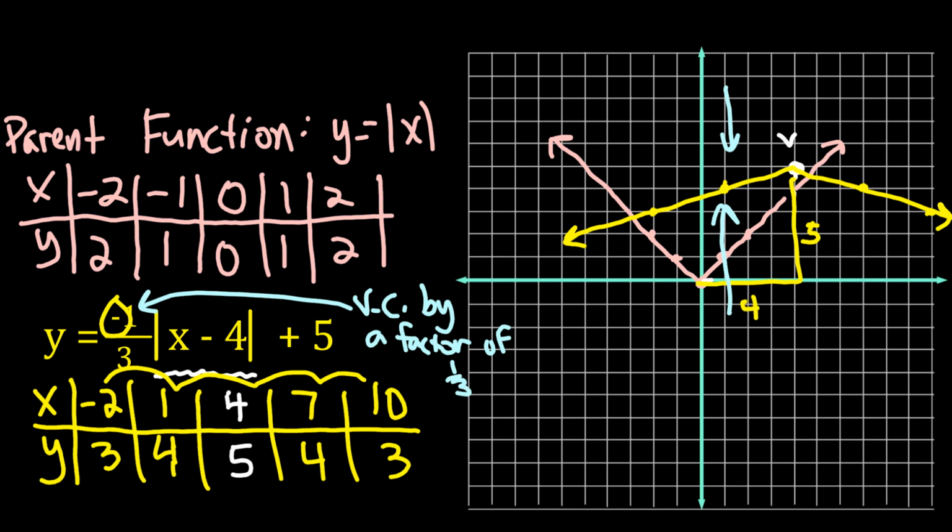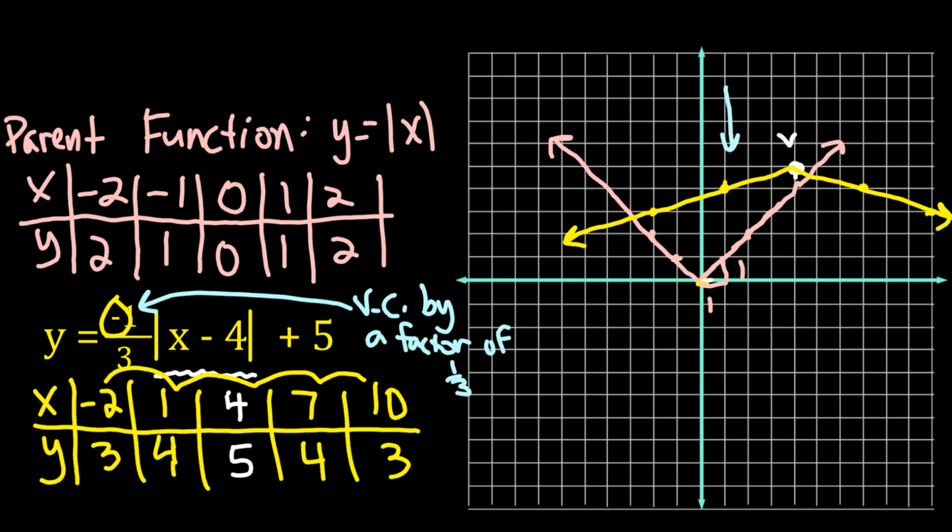And so what that means is, I'll try to erase some stuff so I can explain this here. If you notice on the pink graph, the parent function, we'll fill that in again. To get to the first point, we went over 1, up 1.